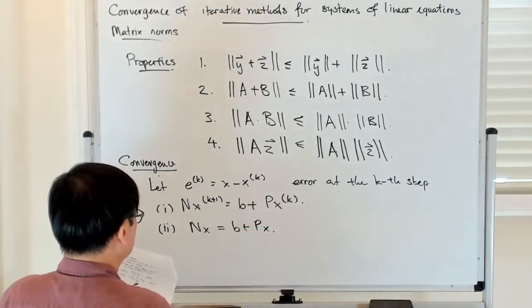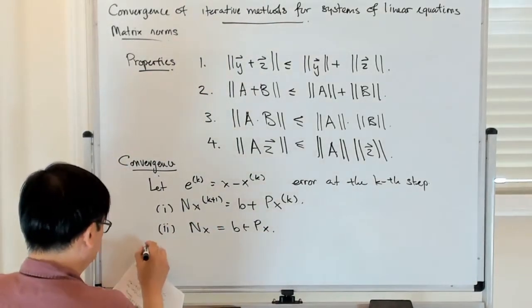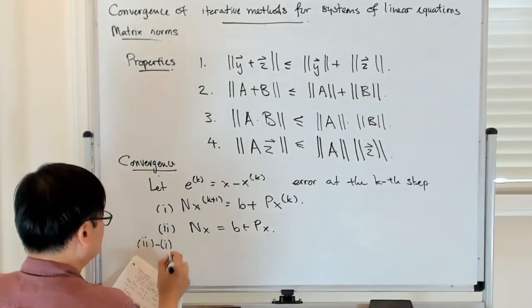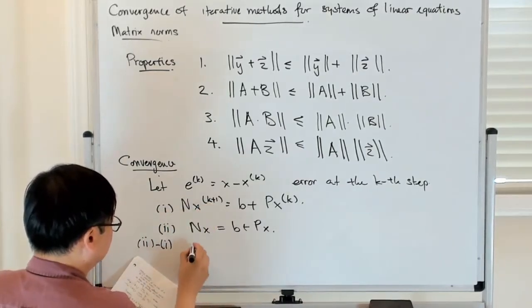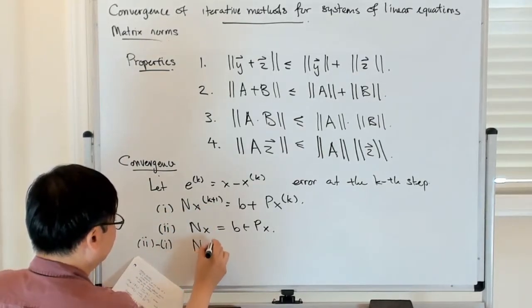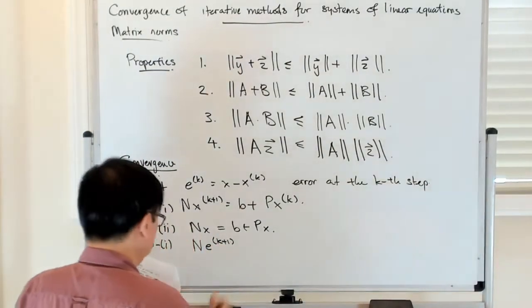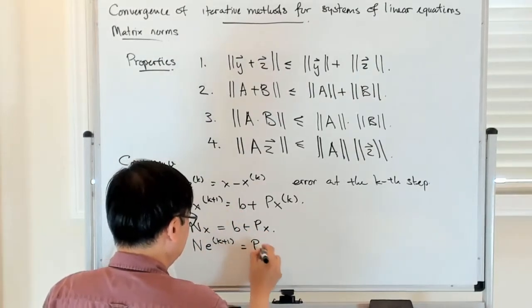Okay, so I can take the difference of these two equations, right? So 2 minus 1 gives me N x minus N x_{k+1}. That's N acting on the error at the (k+1)th stage is equal to, b cancels out, so I just have P acting on the error at the kth stage.